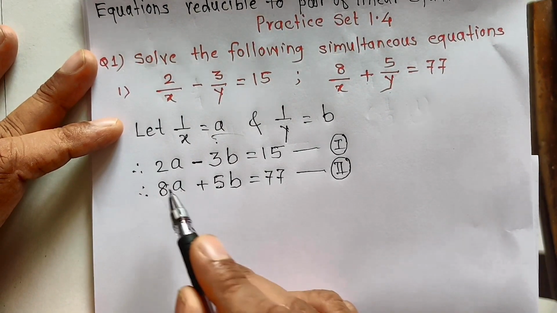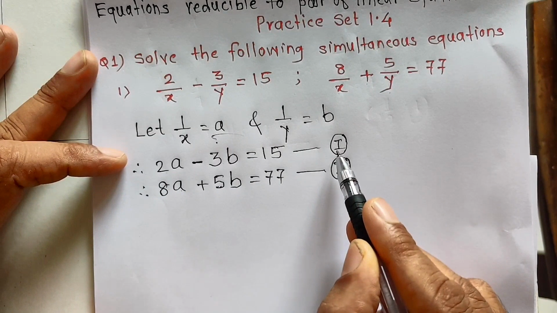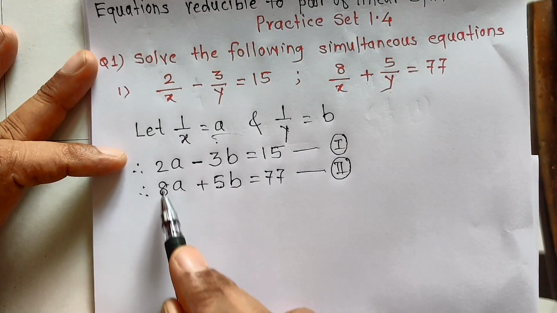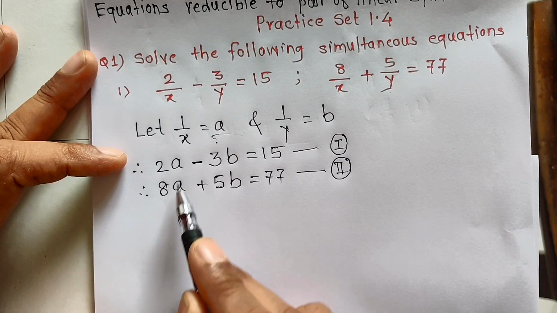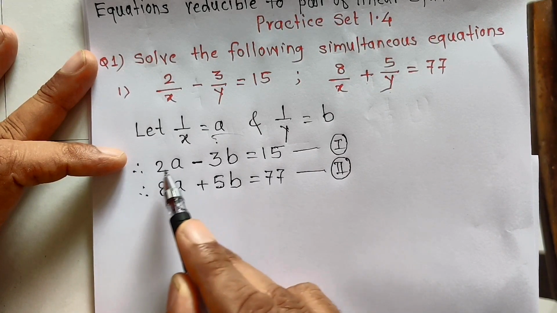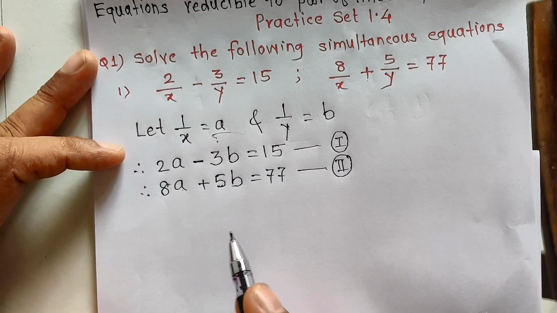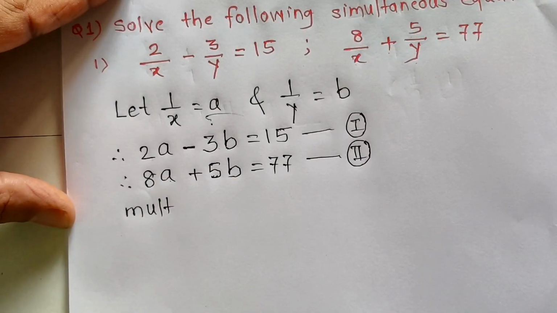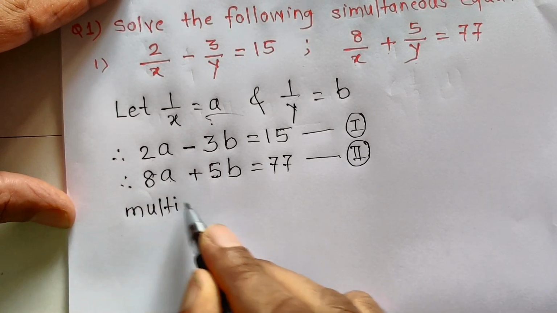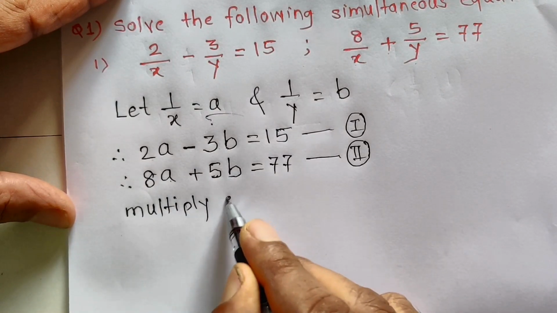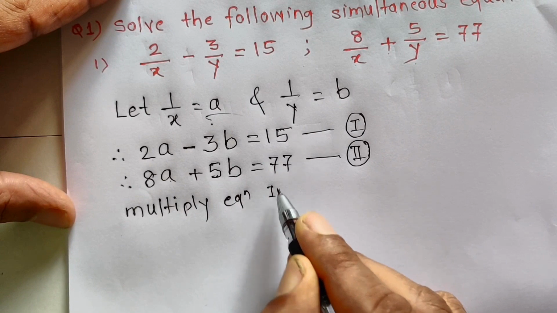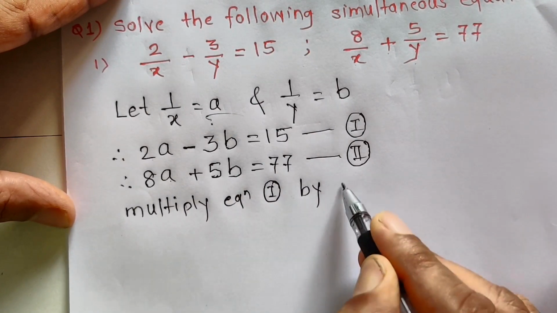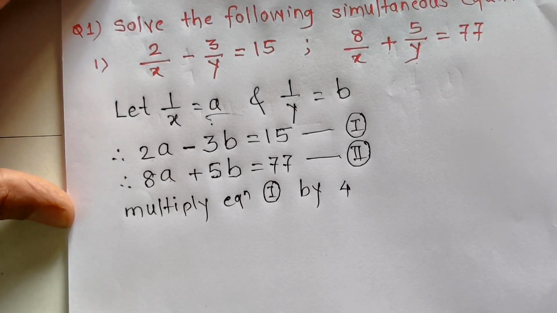By multiplying equation number 1 by 4, we get 2 fours are 8, and the coefficient of a becomes equal. So multiply equation 1 by 4.